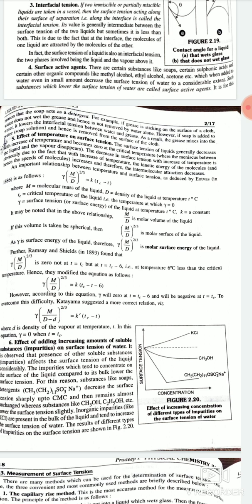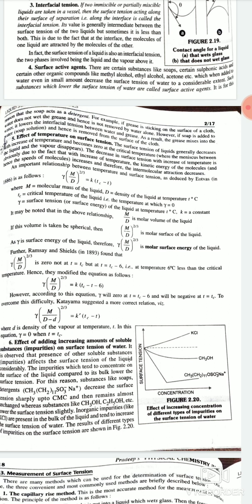To overcome this difficulty, Katayama suggested a more correct relation, that is, γ[M/(D − d)]^(2/3) = k′(Tc − T), where D is the density of vapor at temperature T. In this equation, γ is equal to 0 when T is equal to Tc.